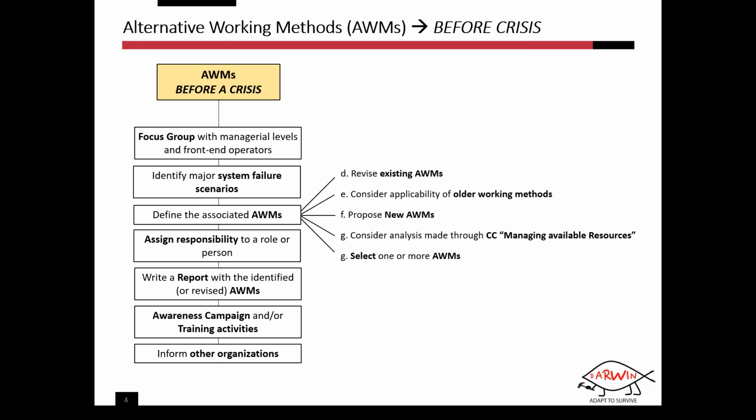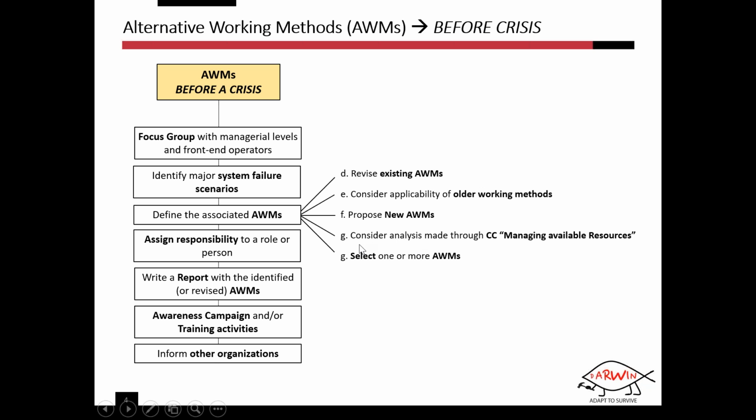But there may be other situations in which other older working methods are used in a more spontaneous way, really as a contingency solution in that moment. Or they may be completely new alternative working methods, so something which was not intended by design, but also never used in the past.